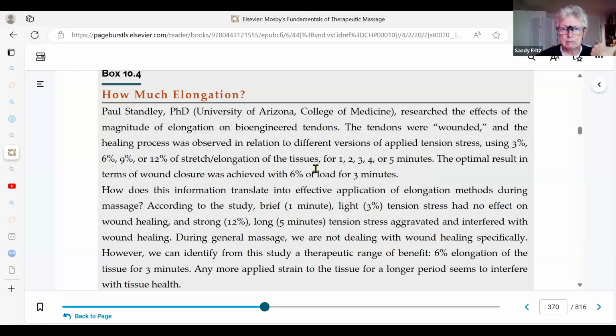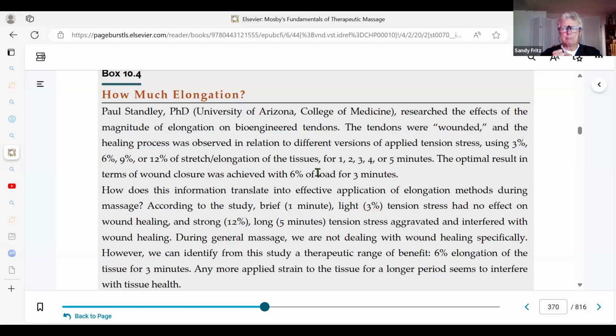So he studied how long you need to stay at that end range of the soft tissue as it comes to its natural stop. And if you want to change that and make it have a little bit more flexibility in it, make it a little longer, how long do you need to do that, and with what intensity do you need to do that?